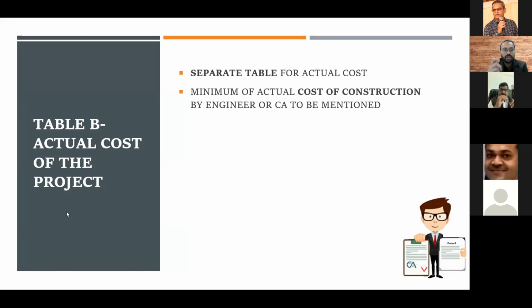So my actual cost certified by the chartered accountant is 100, but if only 80 was utilized on my project, then the engineer will certify only 80. So whichever is less needs to be included in your certificate, whatever is the actual quantity used. Now it is properly aligned. The entire cost is not incorporated here.